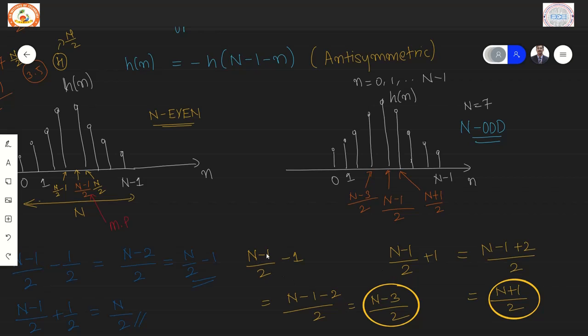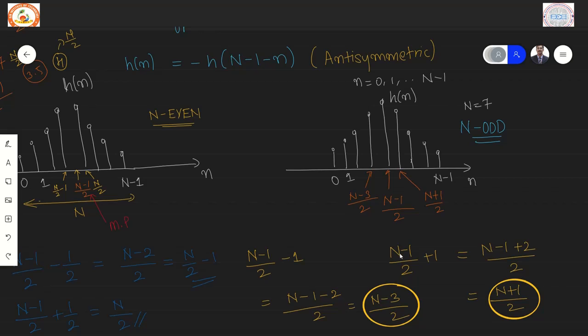So when you take N minus 1 by 2 and subtract 1 from it, the simplification is N minus 1 minus 2 divided by 2, which is nothing but N minus 3 by 2. Similarly, when you are moving one step forward, we have to add 1, as the index is going to increment by 1.